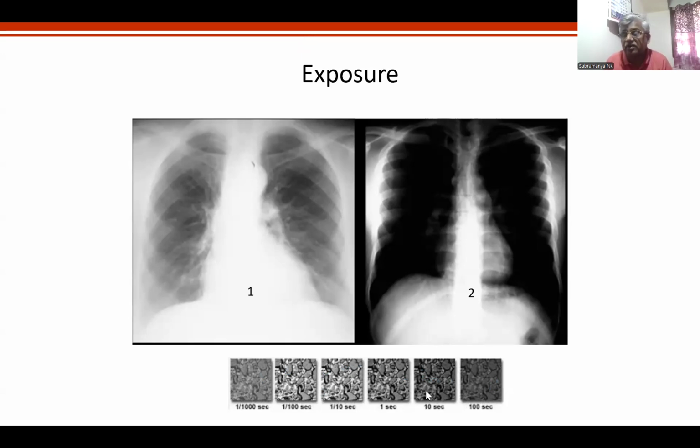Dr. Nagamani, I will explain how it mimics consolidation a little later on. Now look at the exposure here. What it means is that, look here, this is a perfect underexposure. Underexposure means you expose for very less time. Very short exposure time. This is prolonged exposure time for the X-rays. The soft tissues will get burnt out.